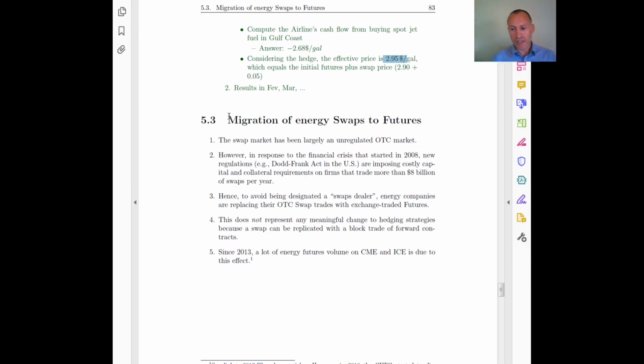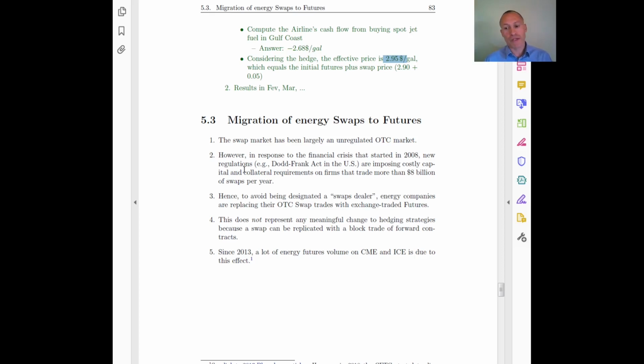So this is just a small comment about regulation and how the market evolves. Basically, there are some regulatory requirements that may make firms move more from swap to futures trading, but what we have just discussed with these propositions is that both things are equivalent.